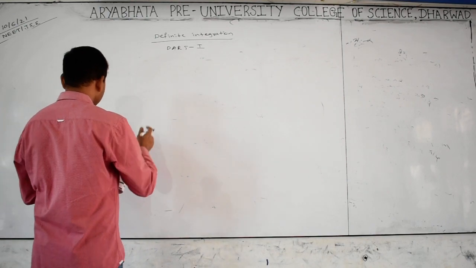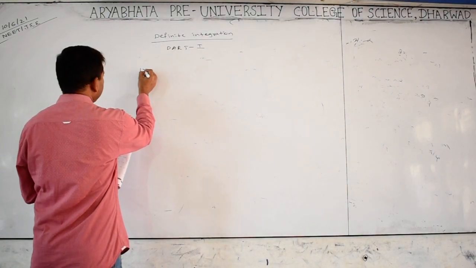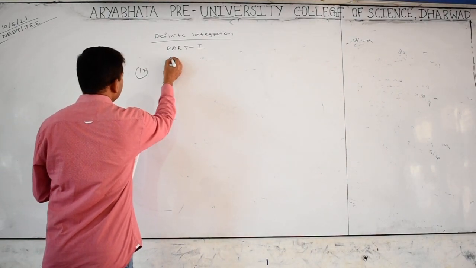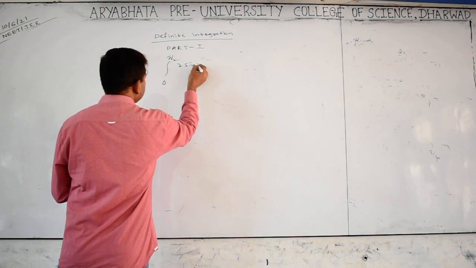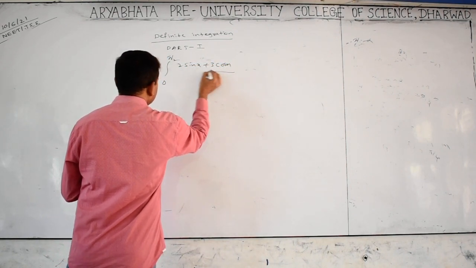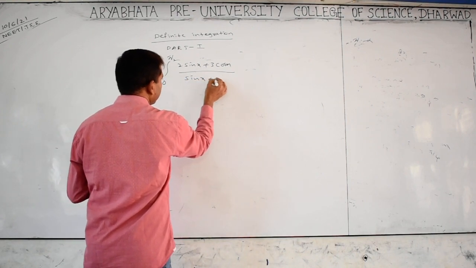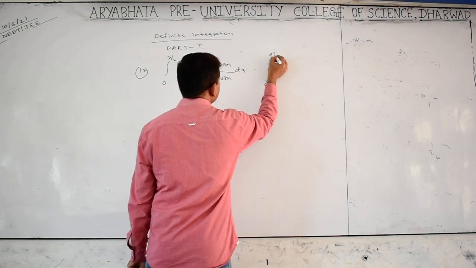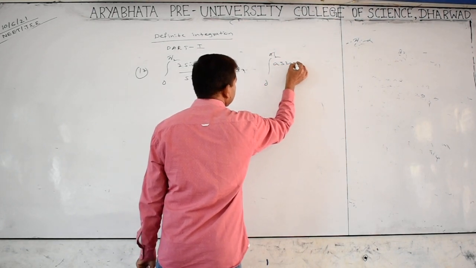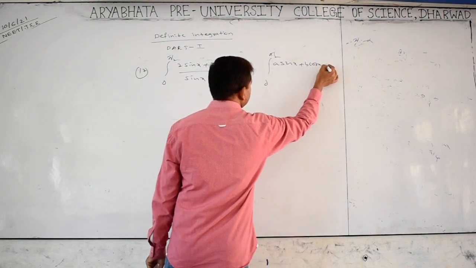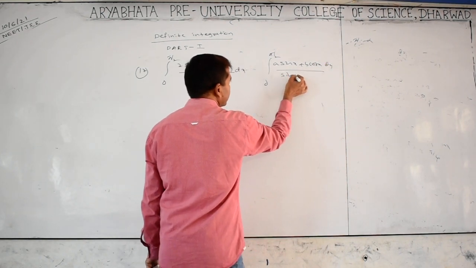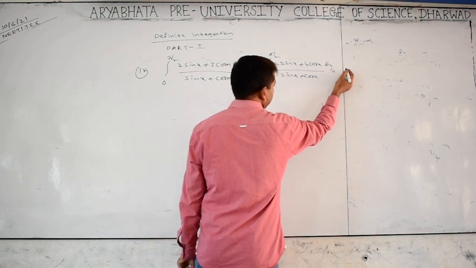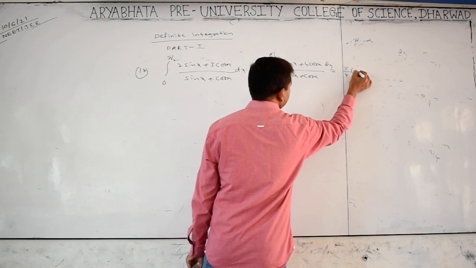Next one, question number 17. Integration 0 to pi by 2, (sin x plus 3 cos x) divided by (sin x plus cos x) dx. This is the formula: 0 to pi by 2, (a sin x plus b cos x) dx by (sin x plus cos x) equal to pi by 4 into (a plus b).